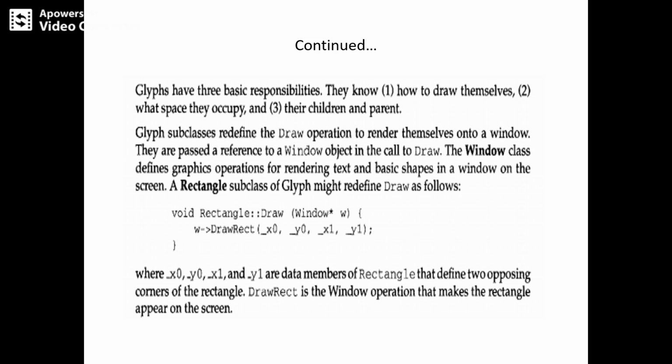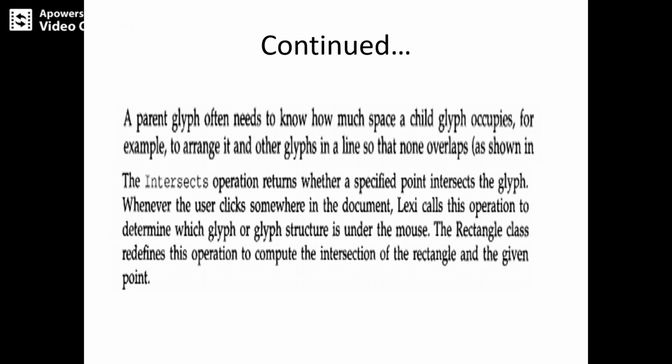Similarly, whatever we need to do, rectangular or square or different polygonal shapes, we need to define by using the glyph classes. Here a parent glyph always needs to know how much space a child glyph occupies. Whenever creating child glyphs, the parent needs to know the size occupied by the child glyph object.